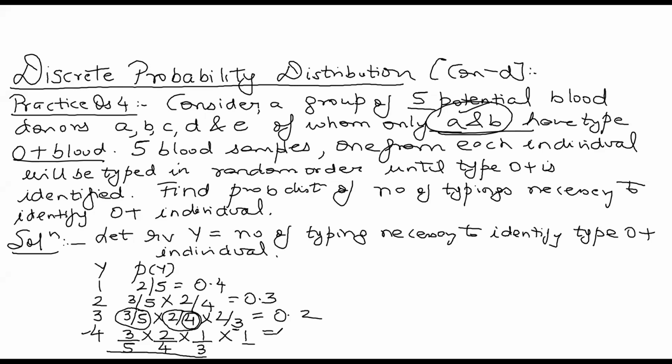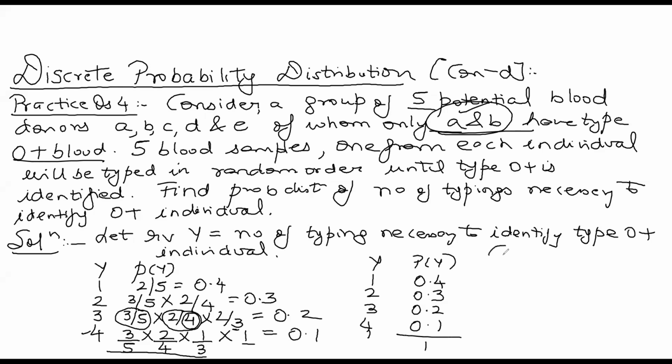So if I solve this, it comes out to be 0.1. So my answer is y and p of y: 1, 2, 3, and 4, and the corresponding probabilities are 0.4, 0.3, 0.2, and 0.1. You can see they all add up to 1.